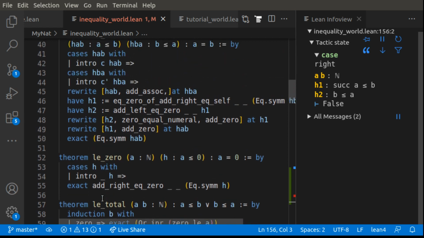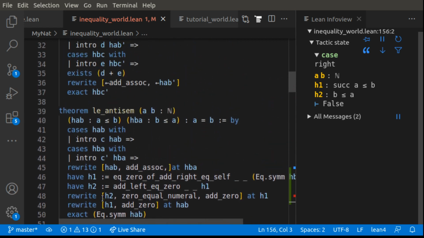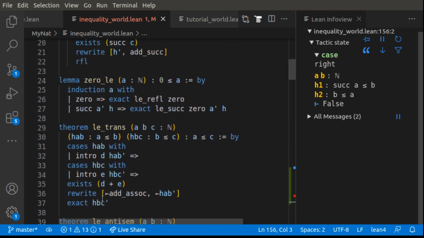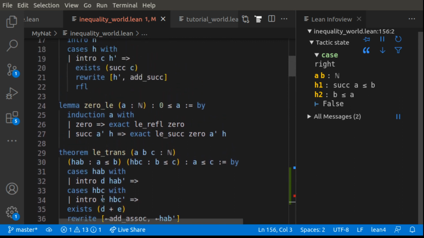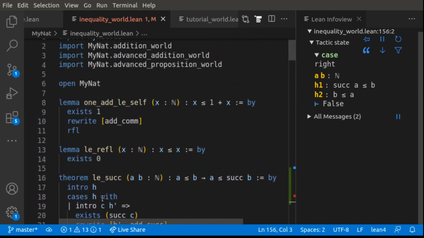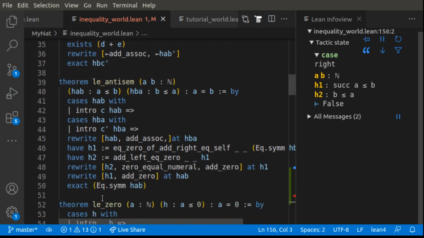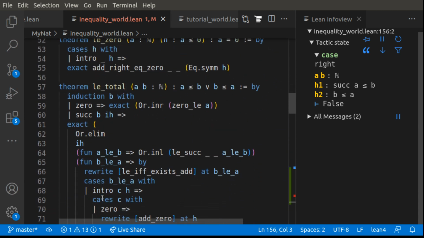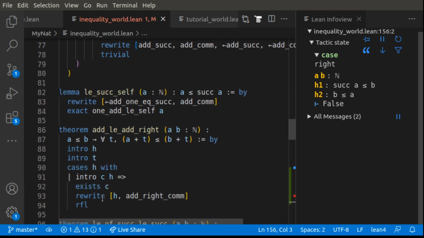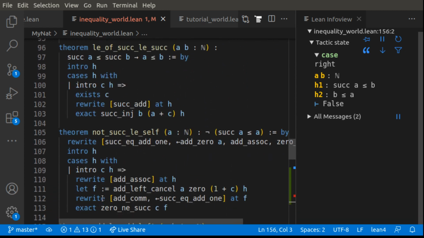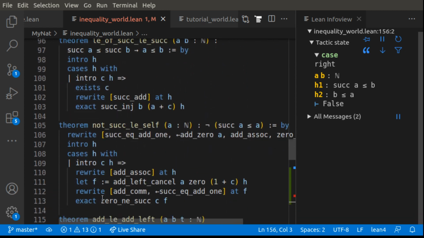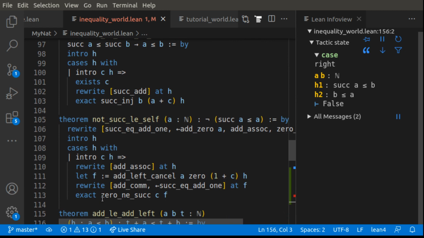Well, no, we can't have both. Let's equal to transitive, let's equal to successor, let's equal to reflexive. None of these seem to be helpful. Not successor of a is less than a. That seems promising.